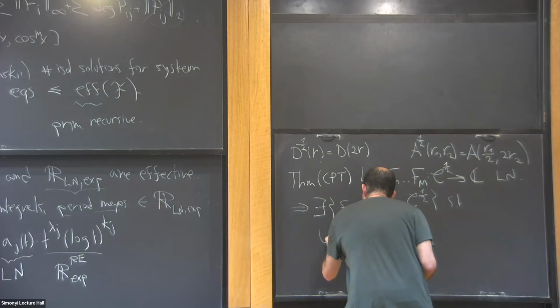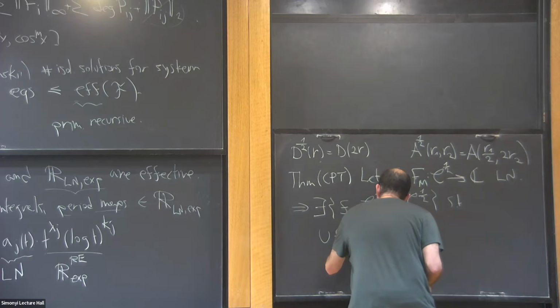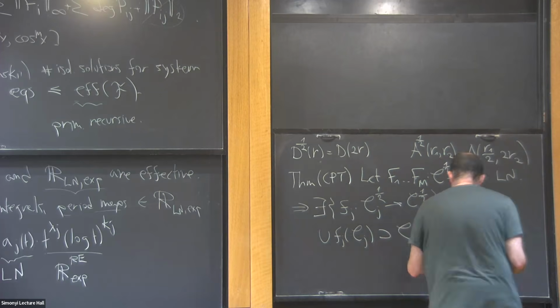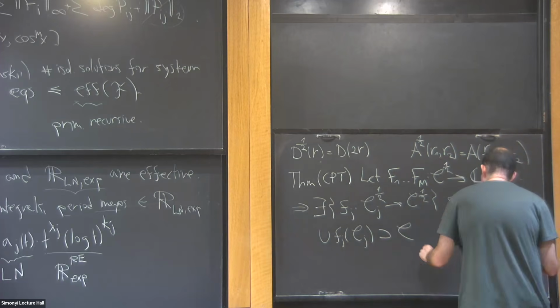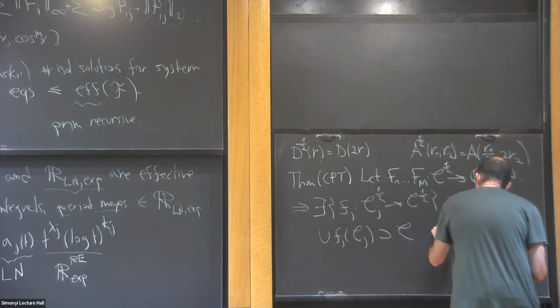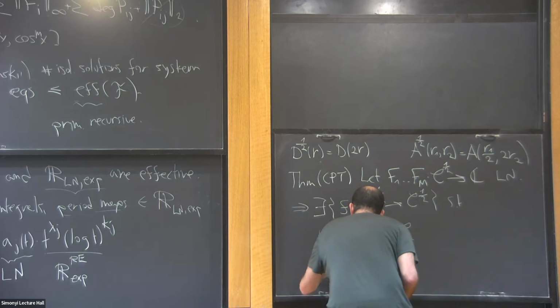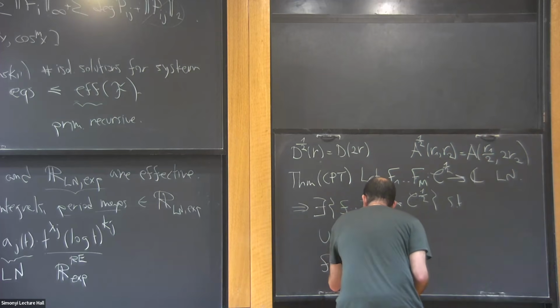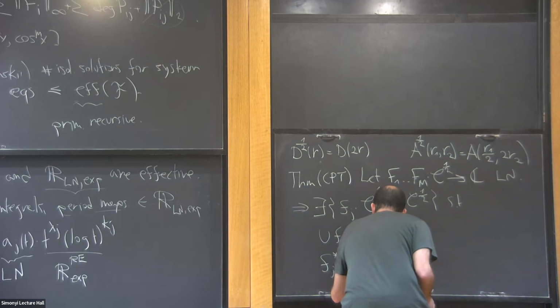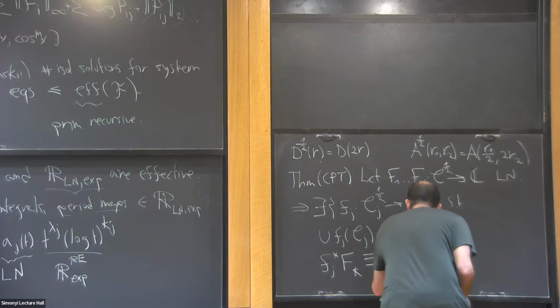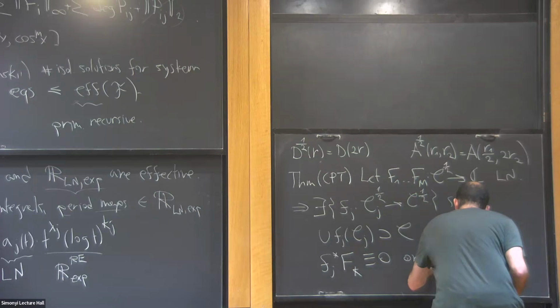The union of the images of these CJs contains my original cell, and the pullback Fj star of Fk is either identically 0 or non-vanishing.